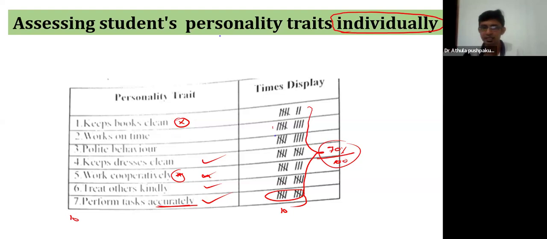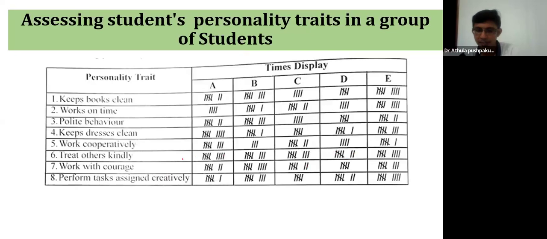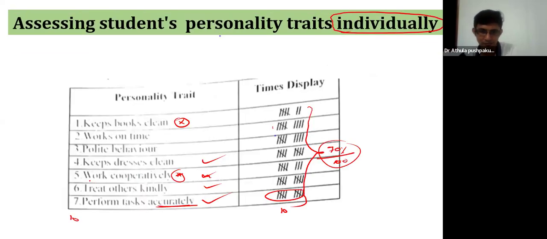Okay, the weak level can be identified like this. Working cooperatively is very low, that means teamwork capacity is very low. You should guide, as a teacher, to develop this level. Normally the accuracy level is very high, and the dress code is also very clean.